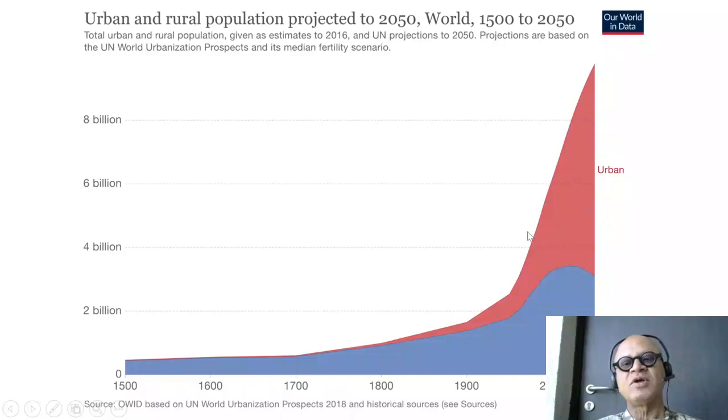But one has to be careful because population projections are always tricky, and this is using the UN World Urbanization Prospects and its median fertility scenario. So there are multiple fertility scenarios.